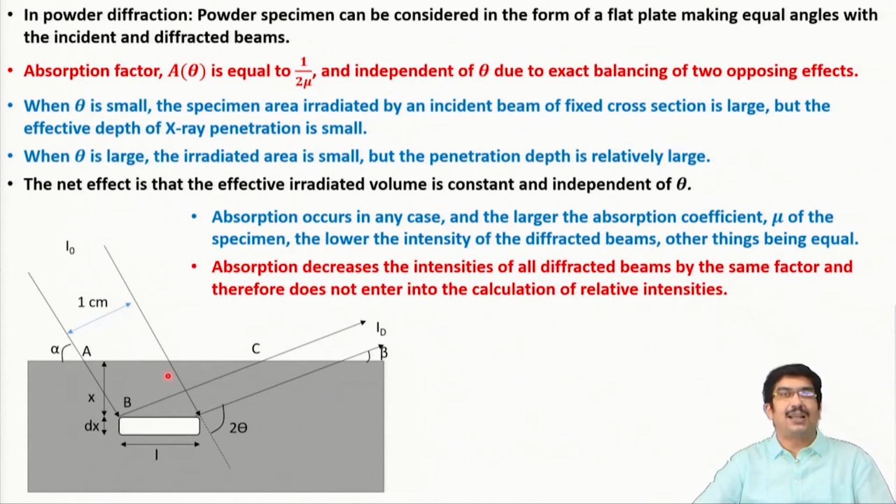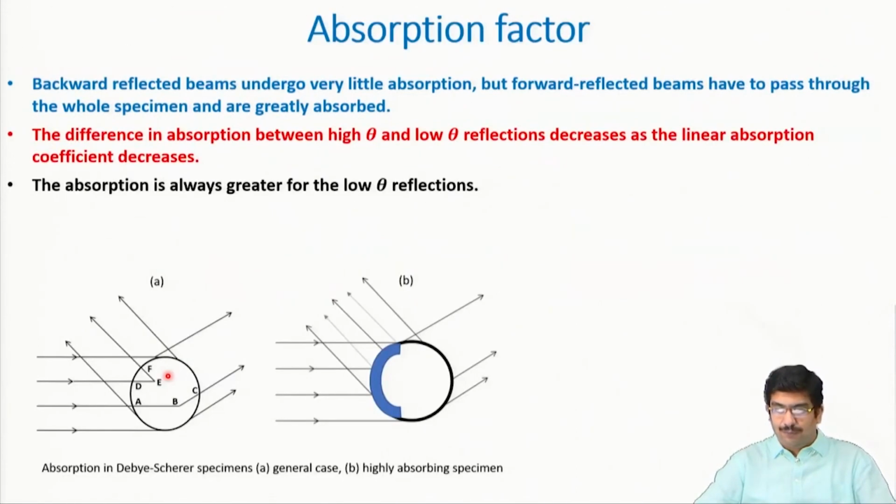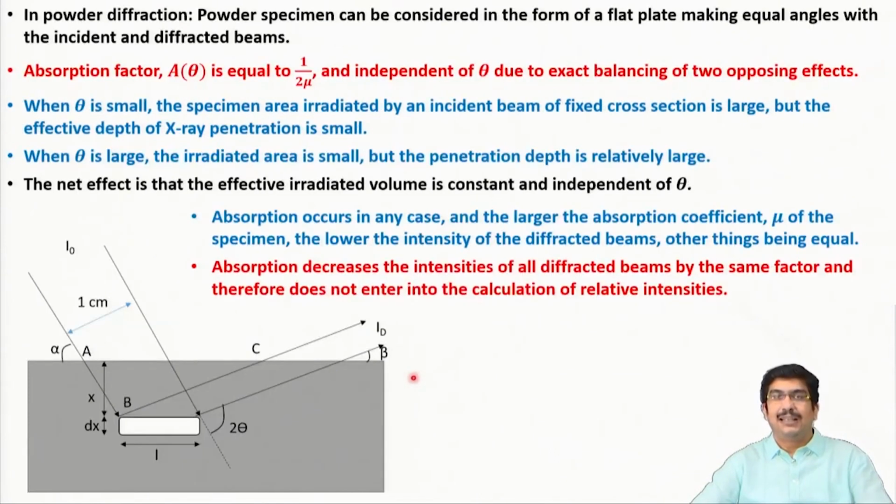In case of Debye-Scherrer, this is what was changing. The irradiated volume was changing for forward reflection versus backward reflection. Here for powder diffraction, this irradiated volume remains constant for any theta value. So, ultimately the absorption factor becomes independent of theta and only depends on the linear absorption coefficient of the material, all other conditions being the same.